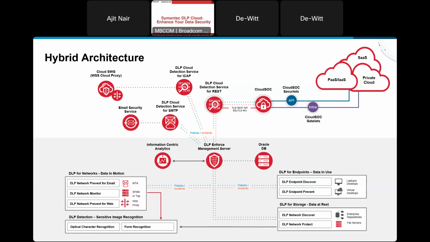But through Shadow IT, if you do discover your employees or users using applications or services which are not yet approved, you can create custom gatelets from our CloudSOC portal. So I have a few examples. Now I'm not sure if ERP is one of them, if that can be integrated, or if we can create some sort of custom gatelet on our CloudSOC portal to scan that payload.